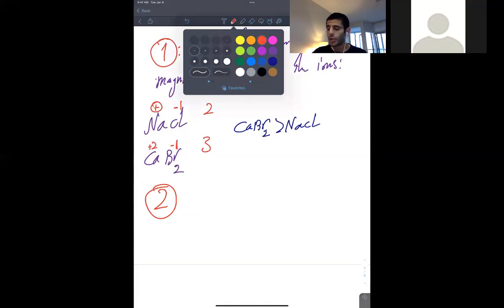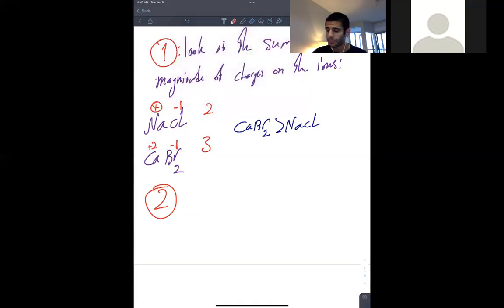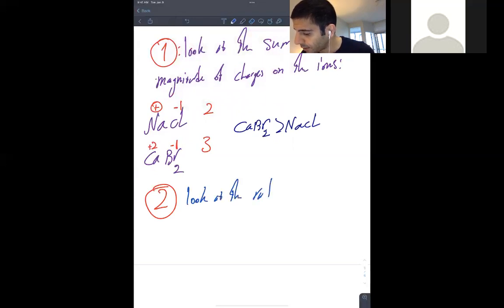Again, look at the radius only if number one does not work.